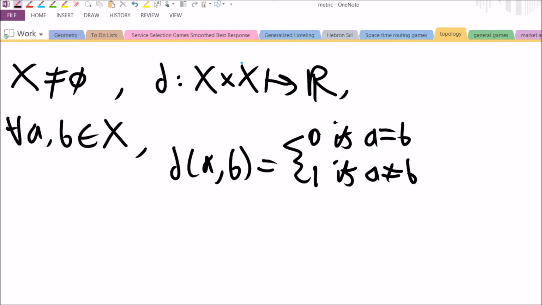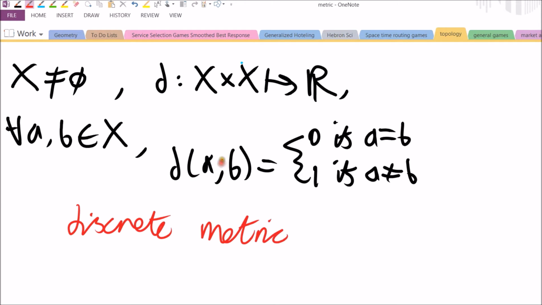And again, I think it's fairly important that you prove that this is a metric space. It's not really too difficult, and this is called the discrete metric. So you might be thinking maybe it has something to do with the discrete space, and you'd be correct.